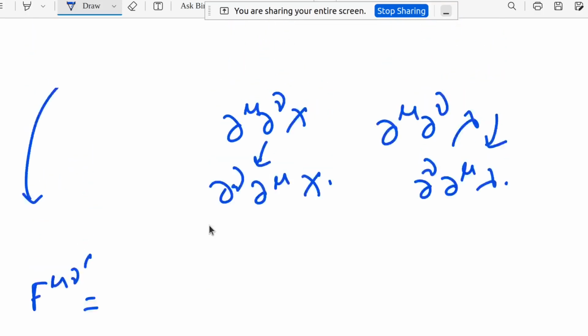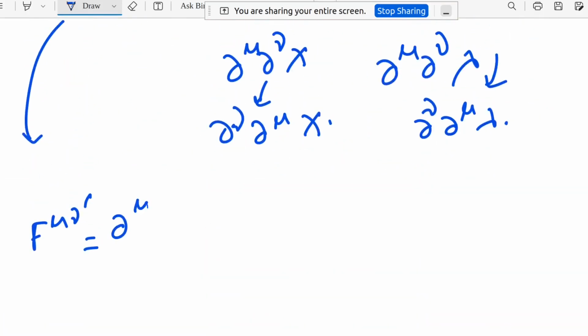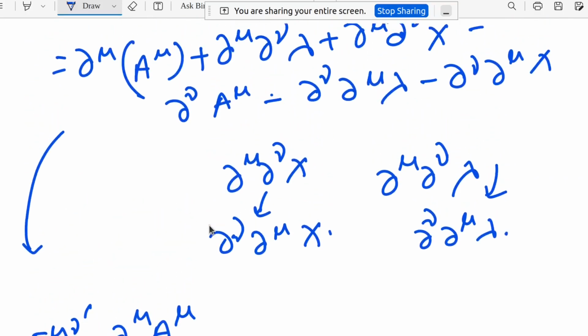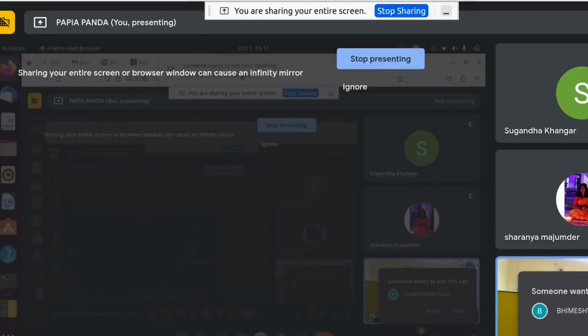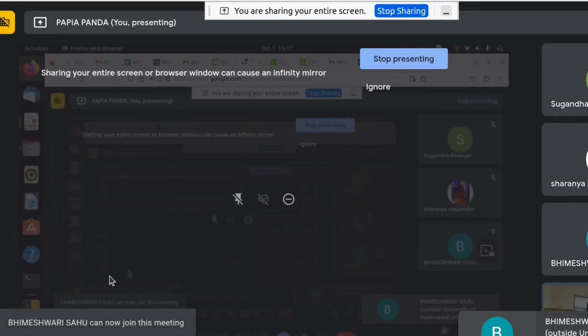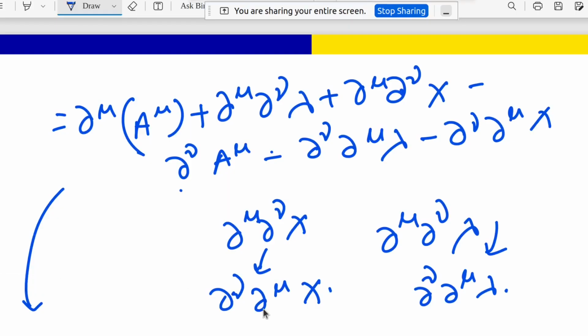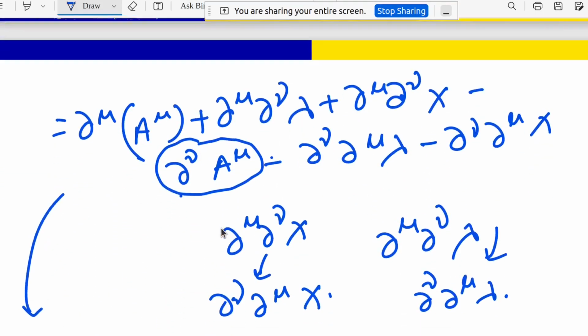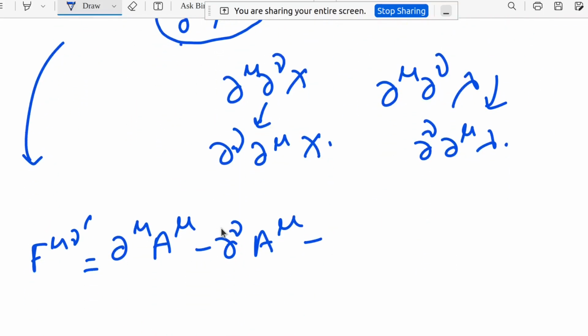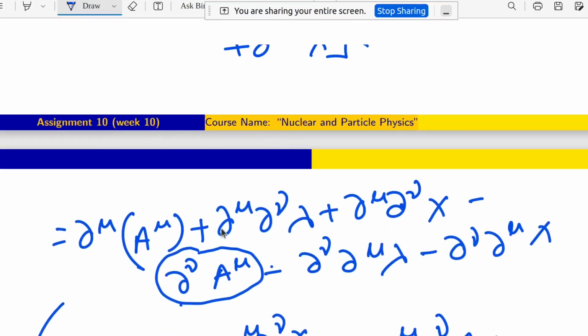You can see here, del mu a mu. Okay, now I am just writing here this one at the very first, so that will be minus del nu a mu, then del mu lambda plus del mu chi minus, you can see here the minus is there.